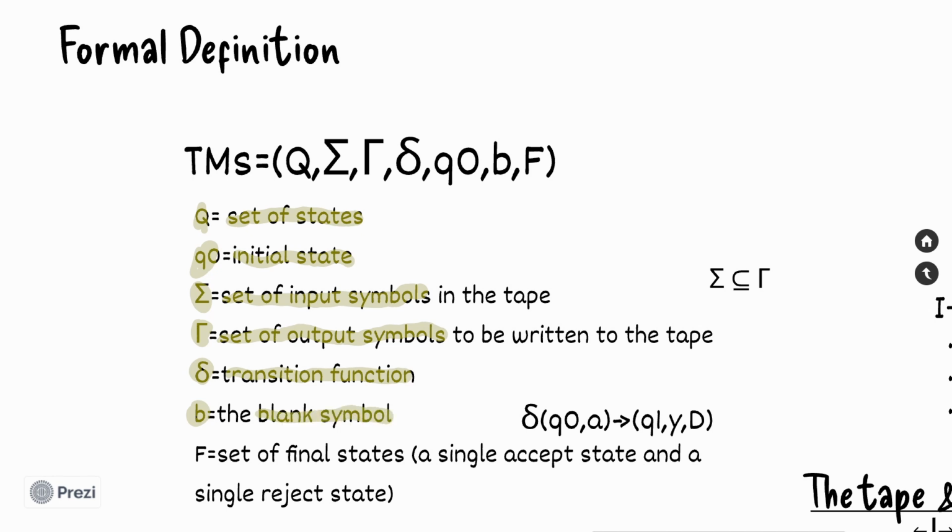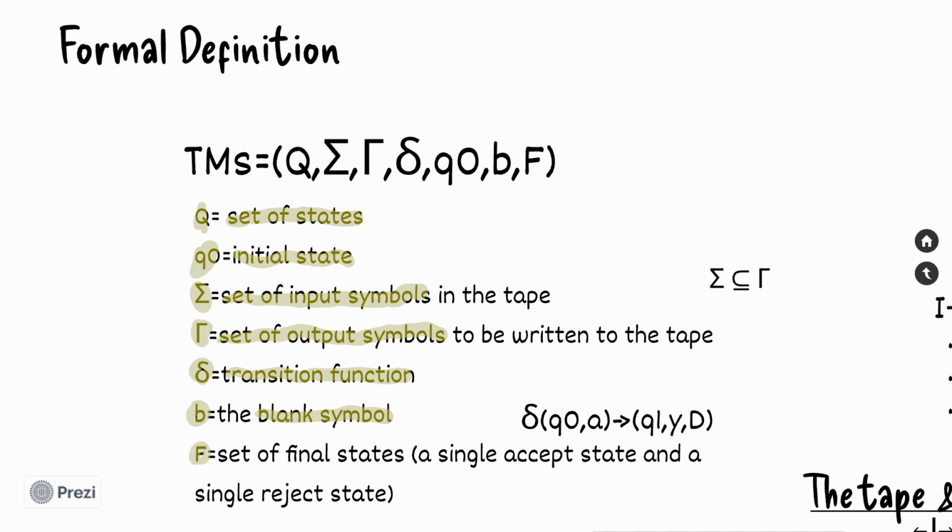Now, this blank symbol is a special symbol. It's not part of the input symbols or the output symbols. This symbol represents a blank cell on the tape, which we'll discuss later in the video.